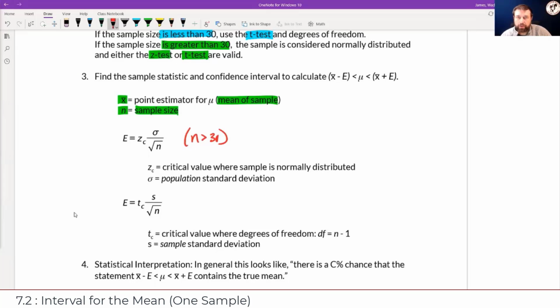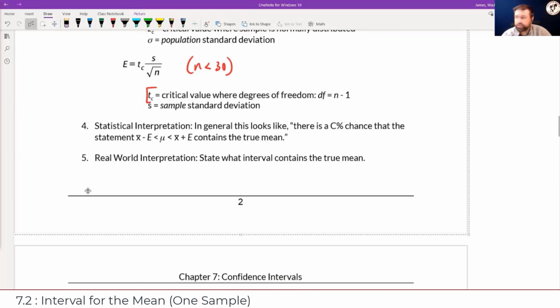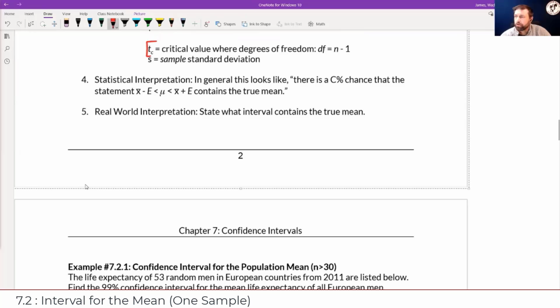If the number of items is less than 30, then we have to use the t-score, okay? And so then once we calculate this margin of error, we add it to the mean to find the upper bound, and then we subtract it from the mean to find the lower bound, and we're done.